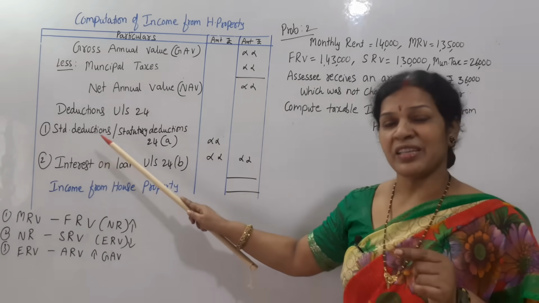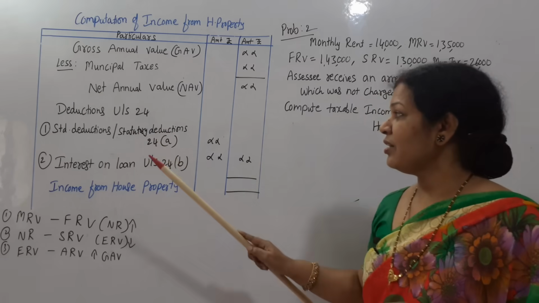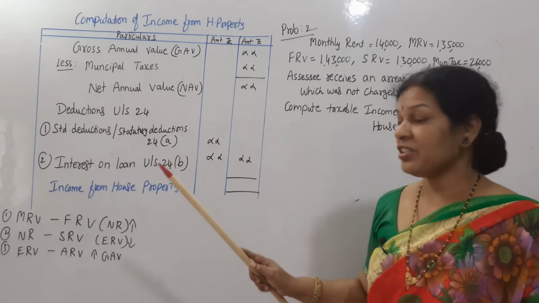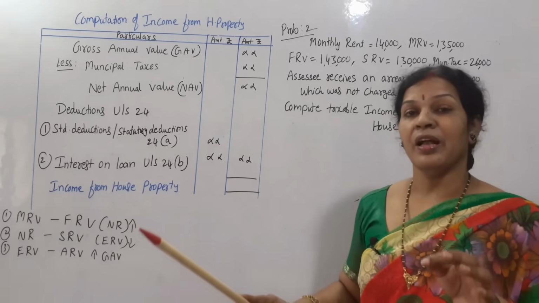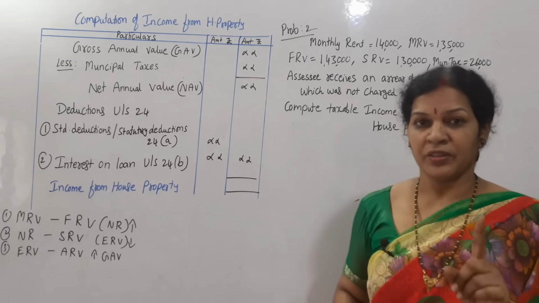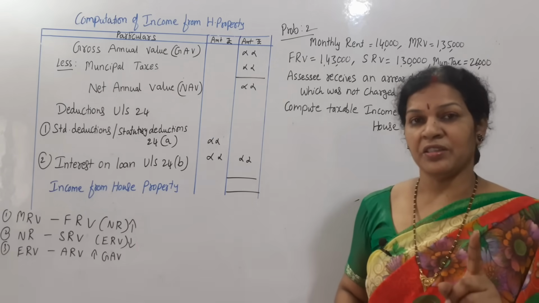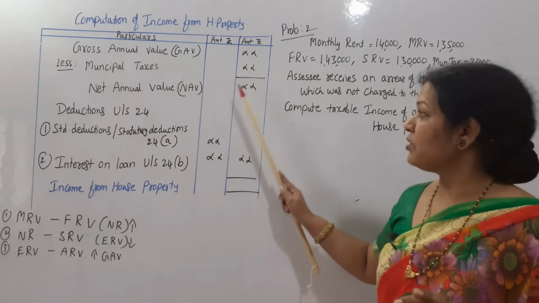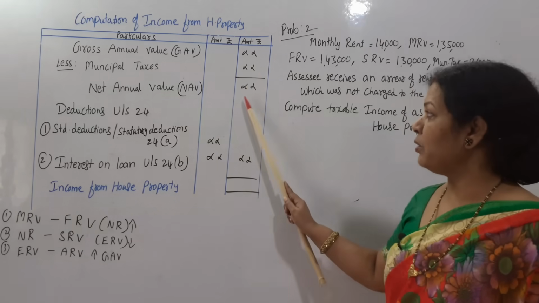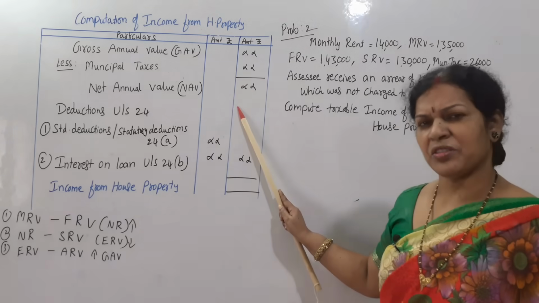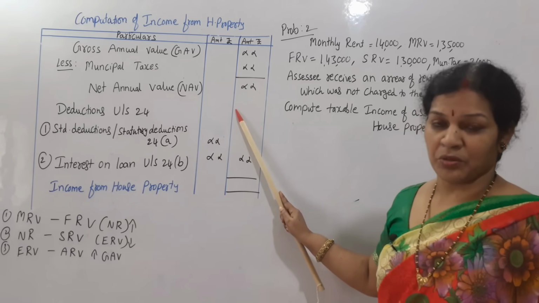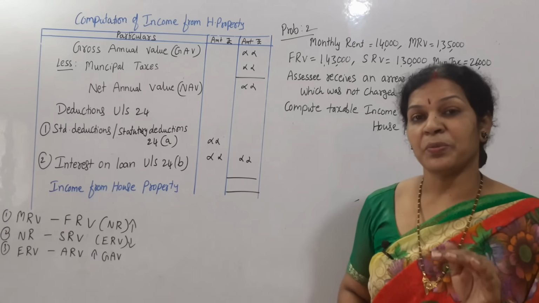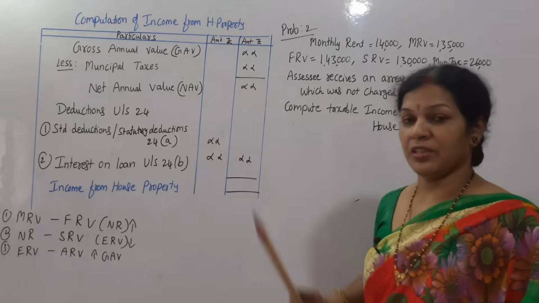First one is standard deductions, or statutory deductions, as per section 24 subsection A. This is generally 30% of the annual value. If the annual value is 1 lakh, 30% means 30,000, which comes under the standard deduction as per section 24 subsection A.